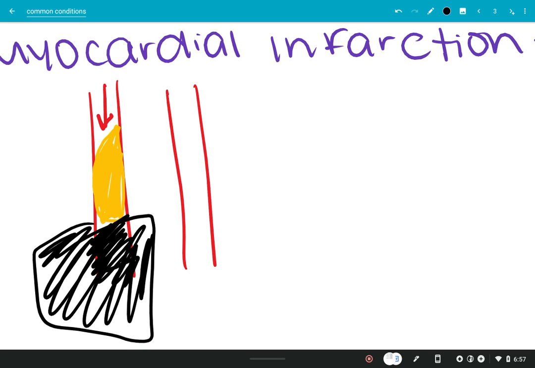It's dead tissue. So that's dead tissue, and that's a 100% block. And that 100% block, that's what's a STEMI. And we'll go into that in a little bit.